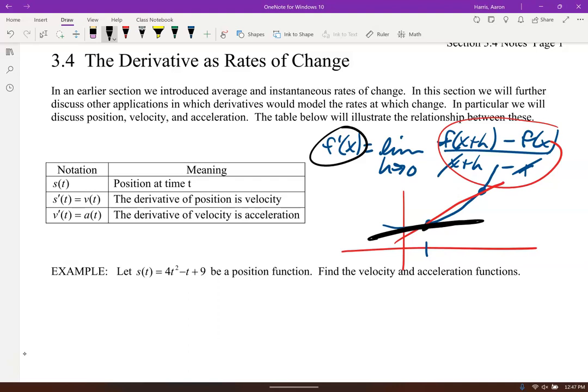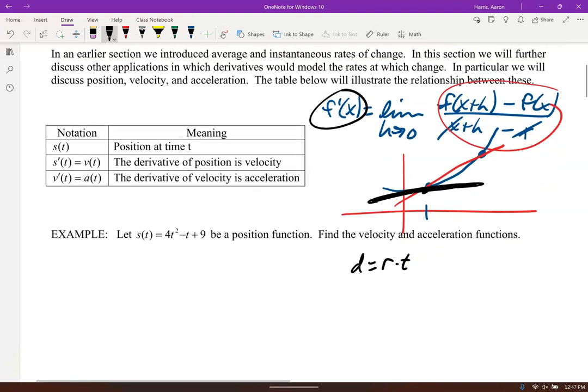And to give you a little bit of background with this, if you remember that distance equals rate times time, in other words, your rate is your distance over time, then your average velocity would be the change in position or change in distance, I'm going to use s, over your change in time.